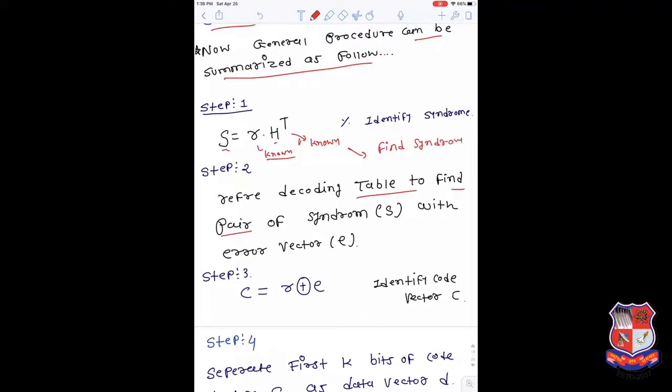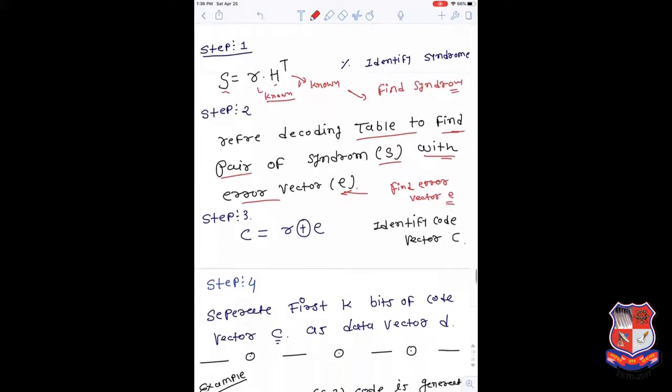Using this decoding table, we find the error vector E corresponding to the syndrome we have obtained.